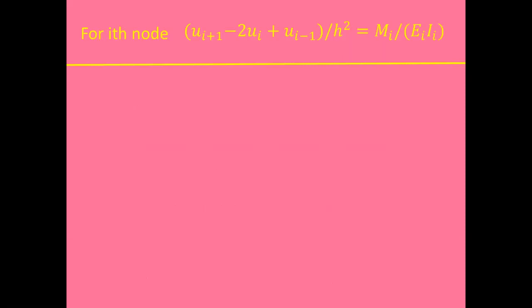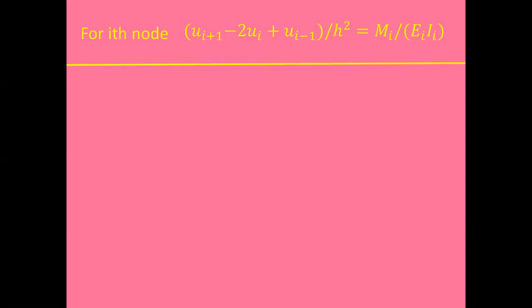On the display now is the governing equation which has been discretized with the help of the central approximation for the second order. The equation has been discretized for the ith node. Therefore, we have terms appearing such as i plus 1, i and i minus 1 on the left, and there are terms of i on the right.